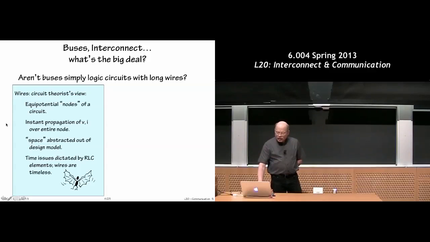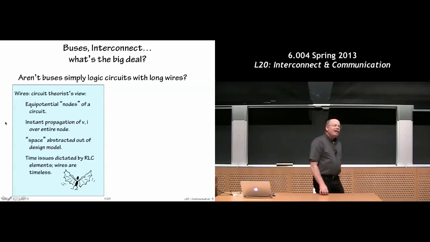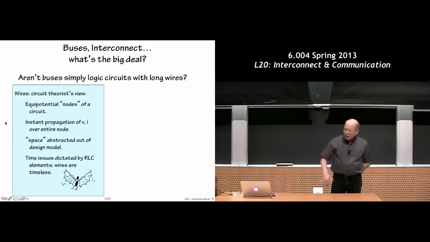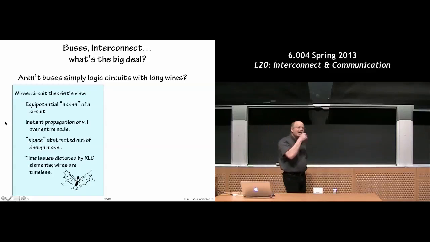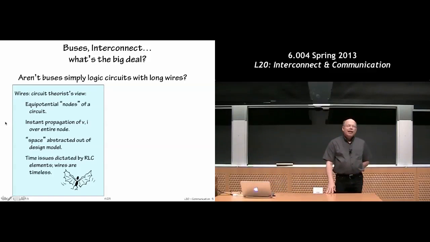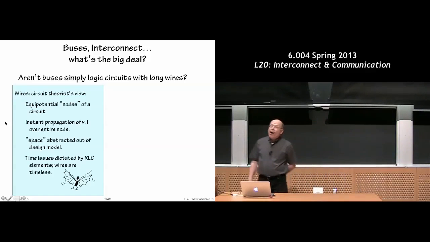So the first thing you say is, look, the abstract notion of a wire is this equipotential electrical node where basically it has the same voltage everywhere along the wire, at the same instant. And that's an abstraction which works well locally. It works less well when we start thinking about long wires and fast transitions of voltages on wires and things like that. But at least in the abstract, we don't worry about time.